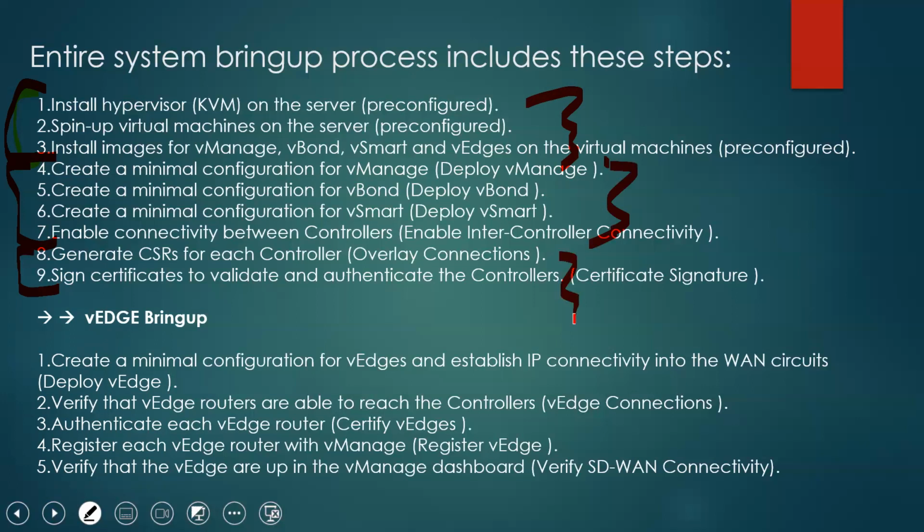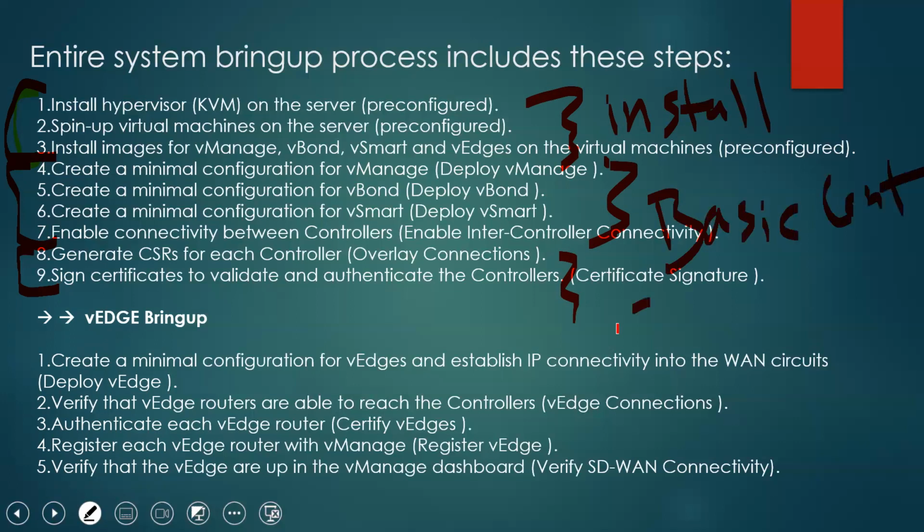So install, then basic configuration, and then finally the certification you have to do. Likewise, for vEdges also you have to do almost the same steps, but with limited steps related to certification.